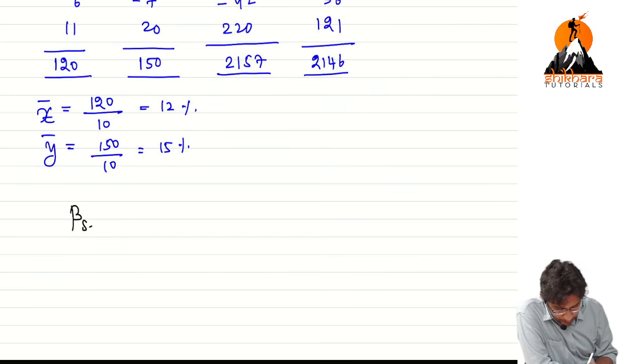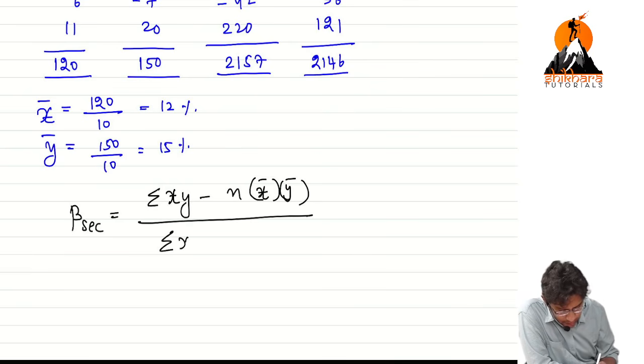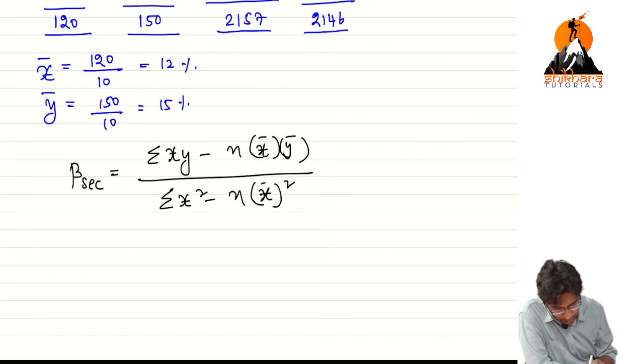Beta formula: summation of xy minus n into x bar y bar, divided by summation of x square minus n of x bar whole square. Summation of xy is 2157.